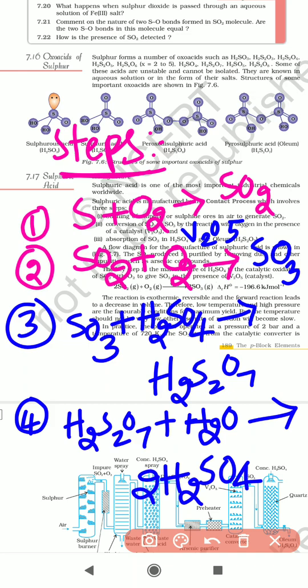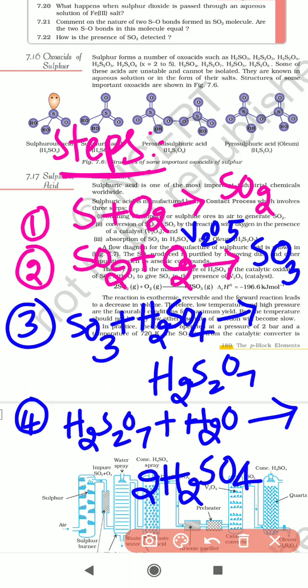Step 1: sulfide ore or sulfur compounds are burned in the presence of oxygen to form sulfur dioxide. The sulfur dioxide formed reacts with excess oxygen in the presence of vanadium pentoxide to form sulfur trioxide.